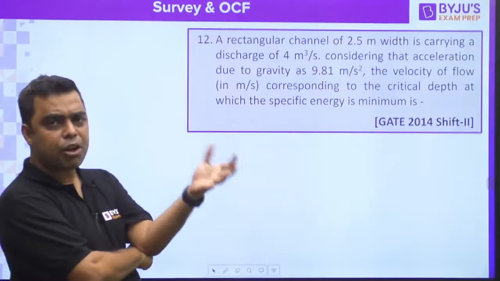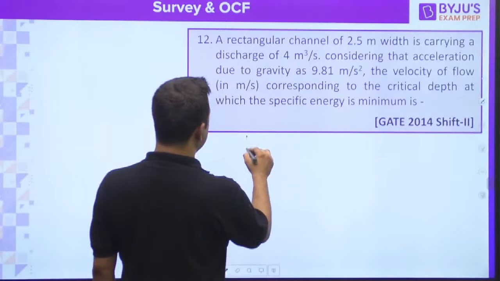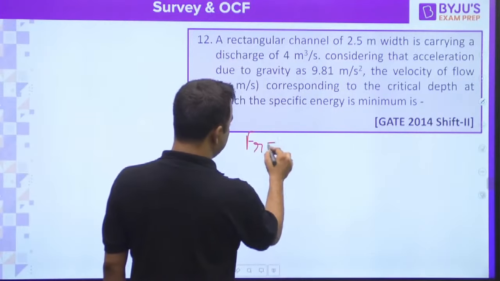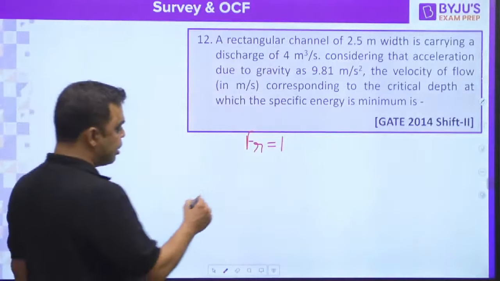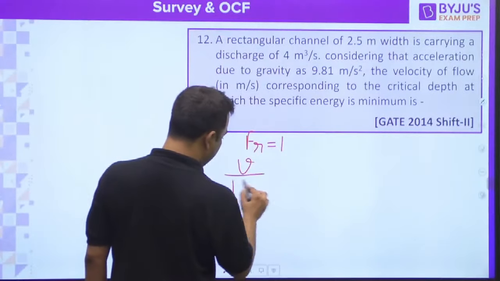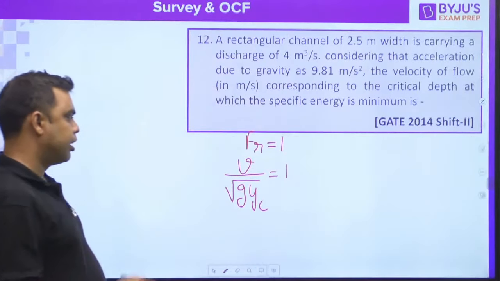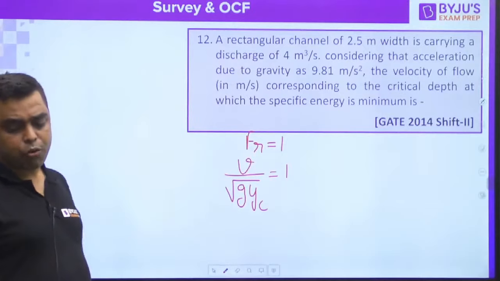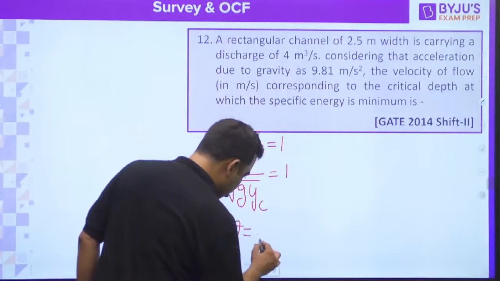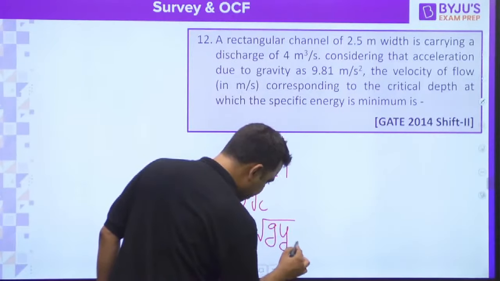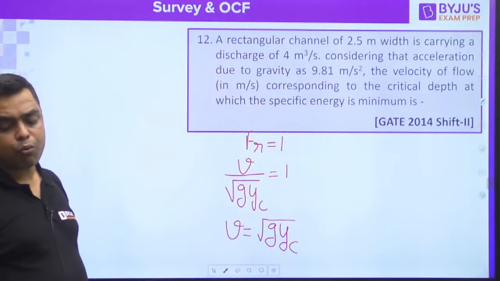For critical flow, we are aware that the Froude number is 1, and V by under root g yc will be equal to 1. This is the basic formula of Froude number. So V will be equal to under root g yc. Now what we need to do?